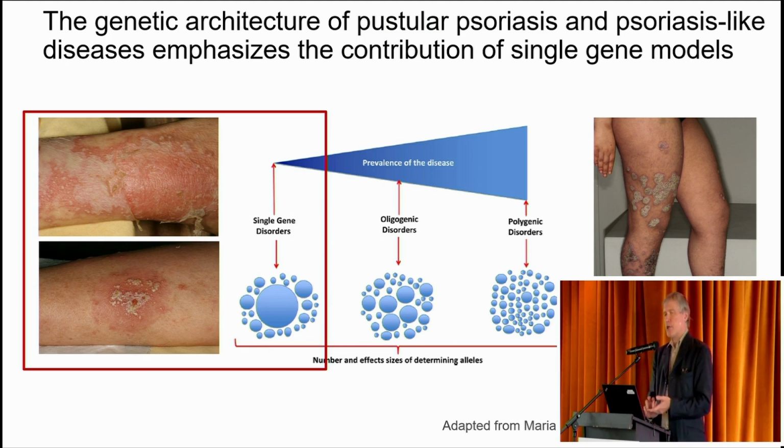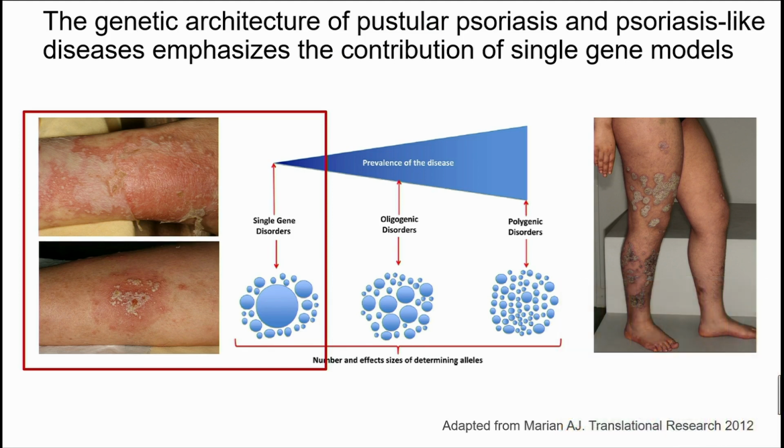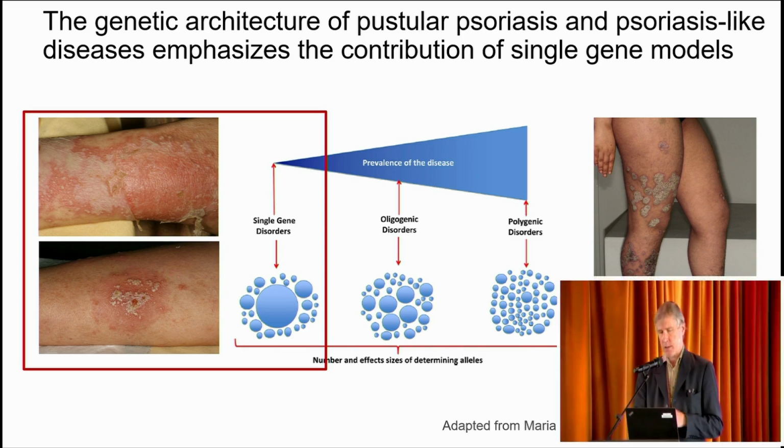So, the genetic architecture: before the first identification of the first pathogenic genetic model of pustular disease, which is not IL-36 RN but historically CARD14, it was thought that some pustular variants of the disease might be related to a monogenic Mendelian model.